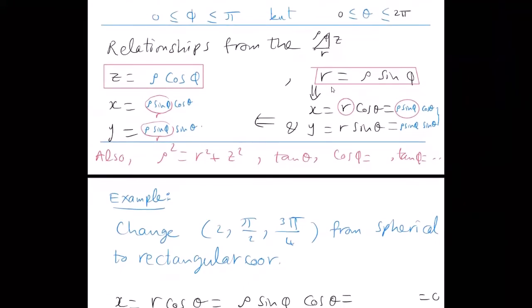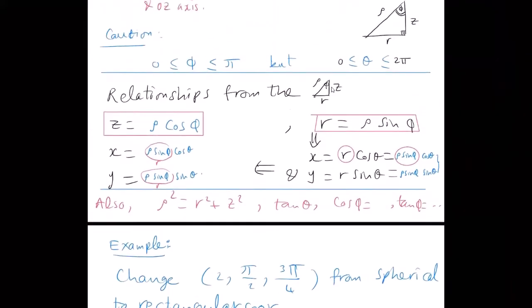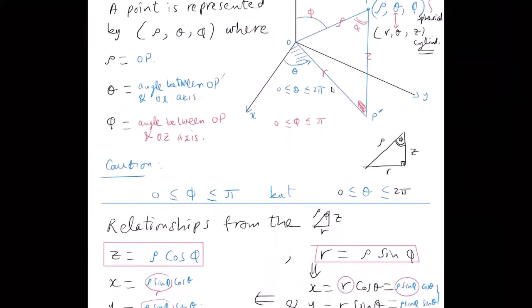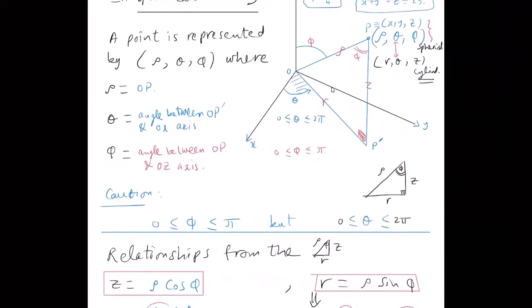So we can write rho square equals x square plus y square plus z square, because you see from this triangle, rho square equals r square plus z square. It's a right angle triangle. Rho square equals r square plus z square, Pythagoras theorem.